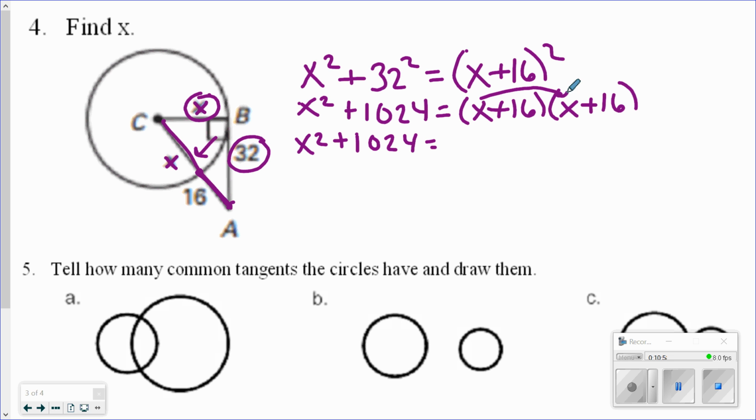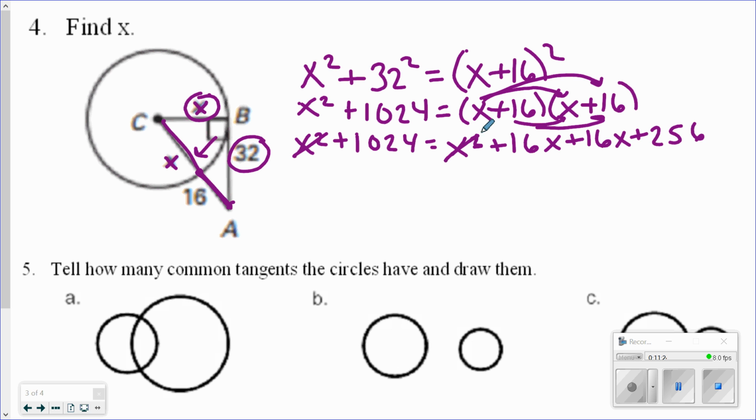I know that x times x is x squared. X times 16 is 16x. 16 times x is 16x. And 16 times 16 is 256.